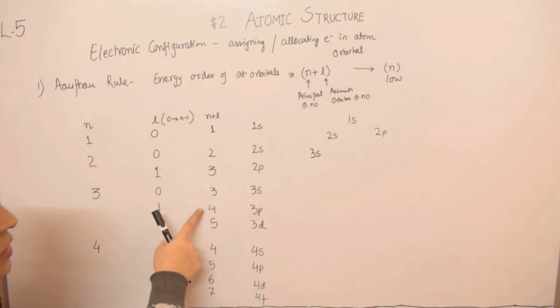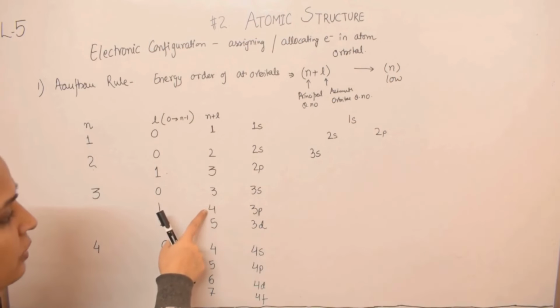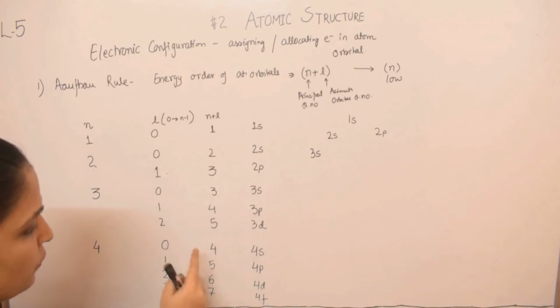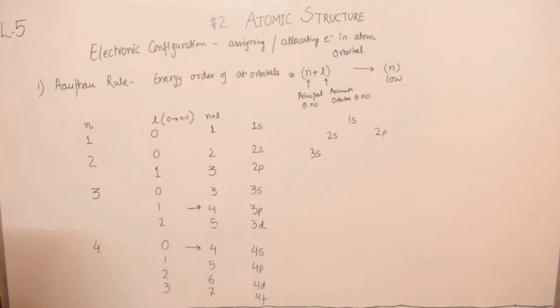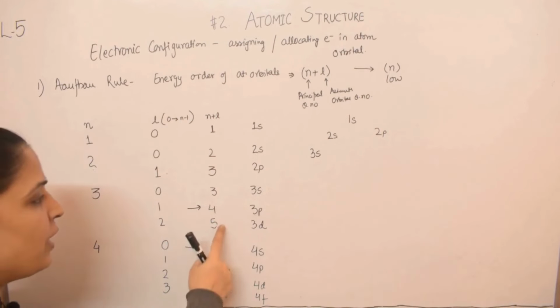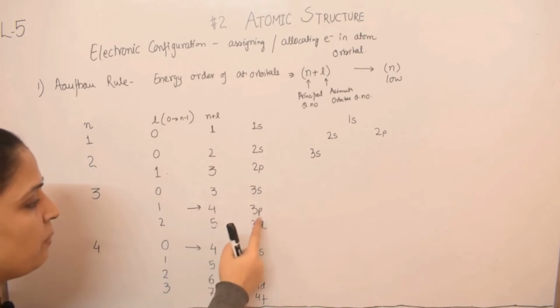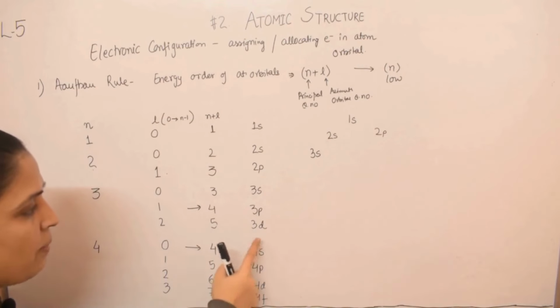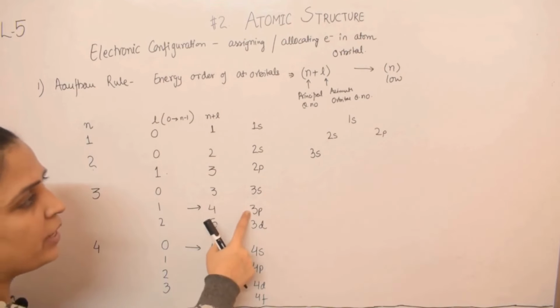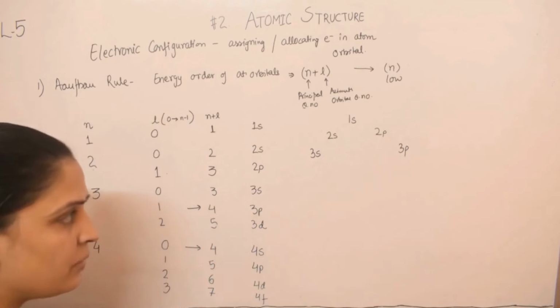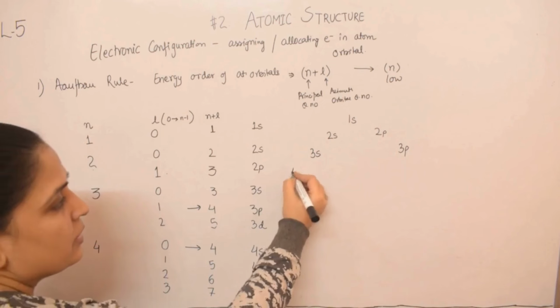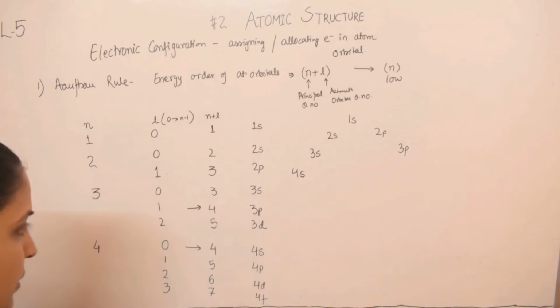Okay, then the next number is 4, which is higher than 3. There are two 4s present here. The n plus l value is the same for 3p and 4s. But since 3p has a smaller n value, this will be filled first. I am writing 3p, and then the next, as I saw, is 4s.